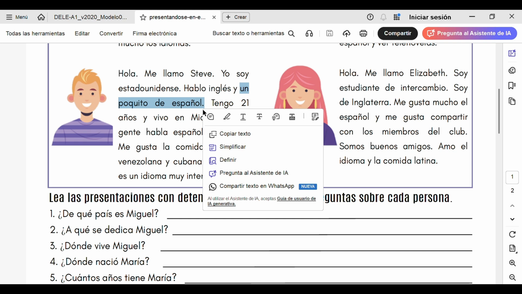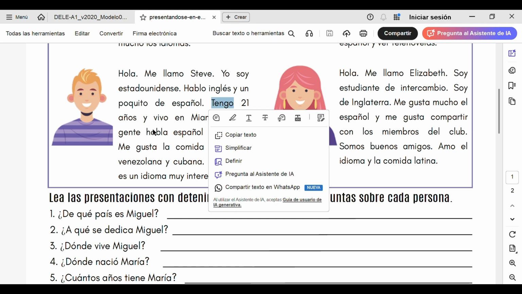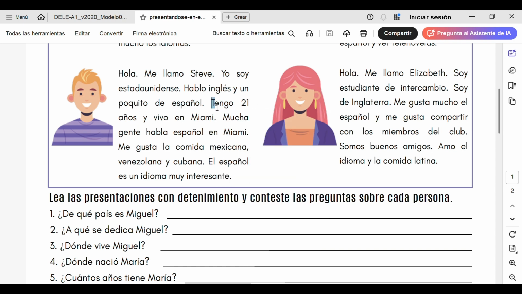It is absolutely worth it to write things down before you do the test. Tengo 21 años, so you are a lot younger than this person. You are maybe tengo 13 años or tengo 14 años o 12 años y vivo en, so you can say Toronto.